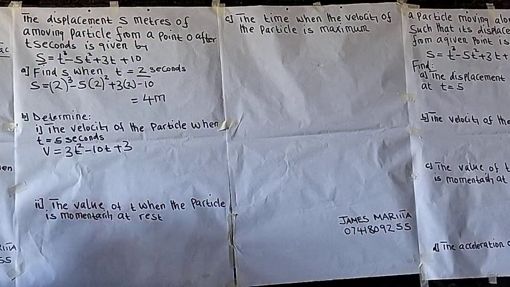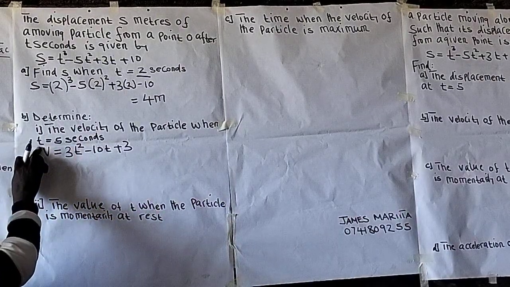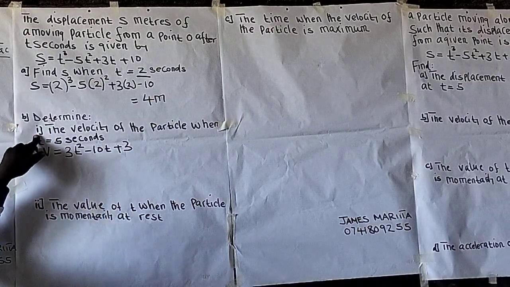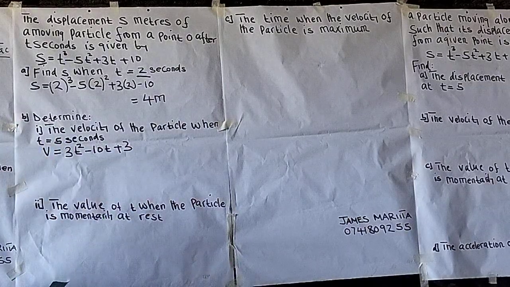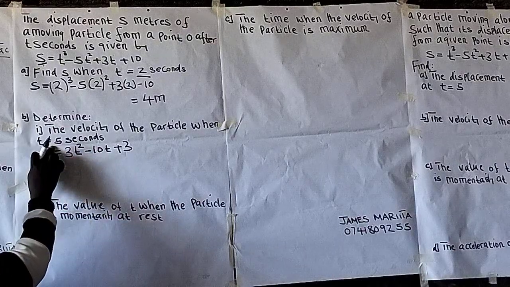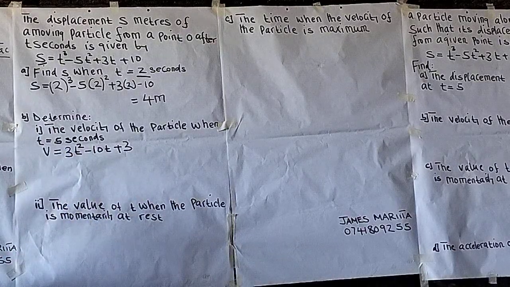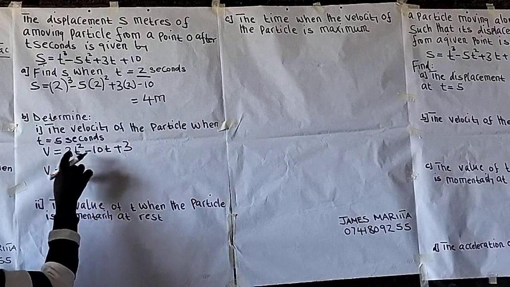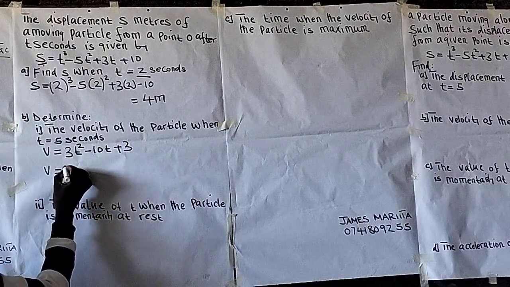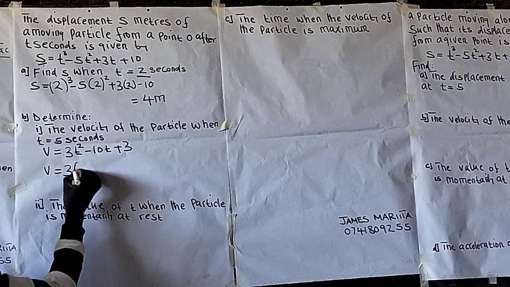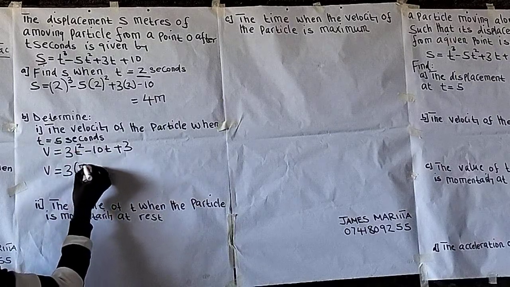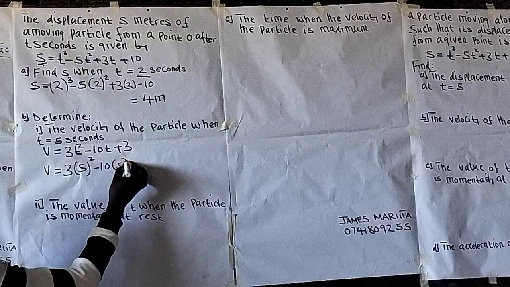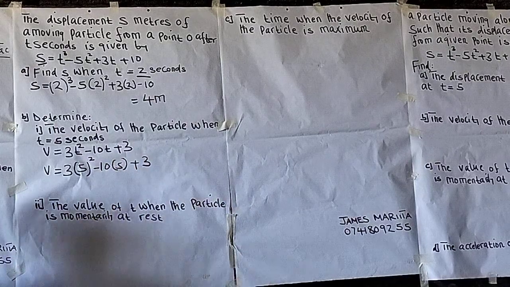From here now, we substitute when the value of t is equivalent to 5. What is the velocity? So we can substitute here. Velocity is equal to 3t squared minus 10t plus 3. The value of t now is equivalent to 5. So we have 3 times 5 squared, minus 10 times 5, then we plus 3 there.